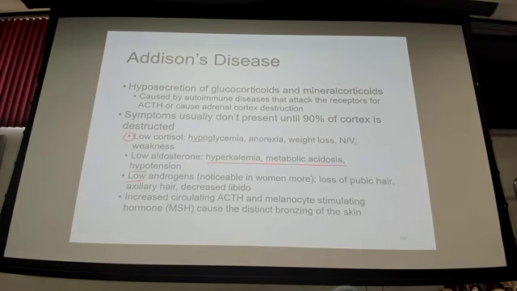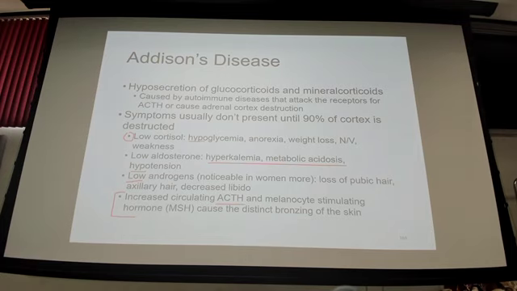Remember that melanocyte stimulating hormone is made by corticotropes. So there's excess ACTH, and why do we have excess ACTH? Because it's not being used, right? The hypothalamus is recognizing that we don't have enough cortisol, aldosterone.